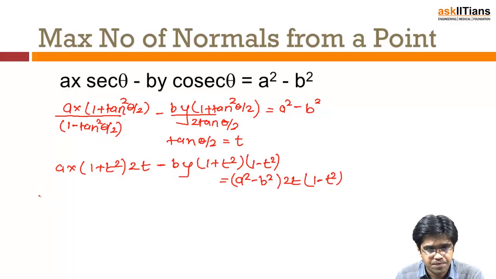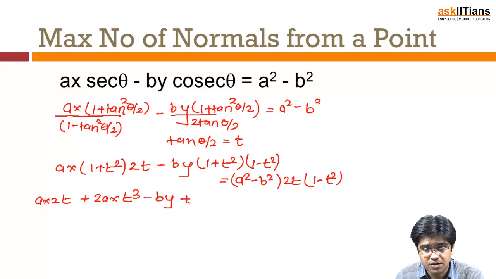So let's simplify it. What I am going to get is ax times 2t plus 2ax t cube minus by, and then 1 minus t square times 1 plus t square is 1 minus t to the power 4.